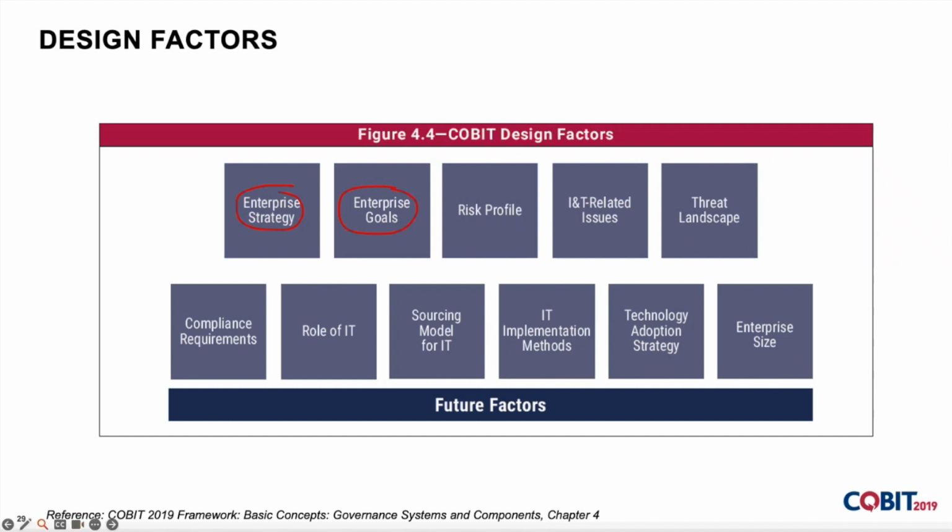Organizations additionally will have different forms of risk profiles. So what is the amount of risk that they are comfortable with? But also very much closely related to this is how many threats do they receive?